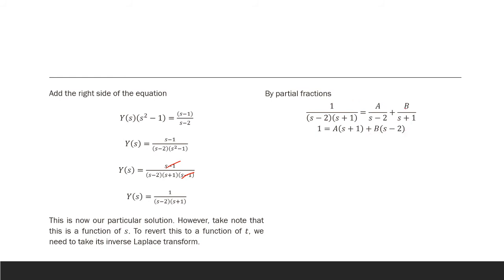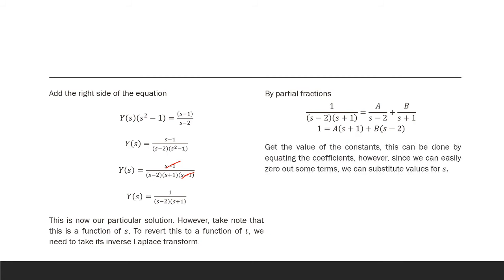So, to find the value of a and b, ang magandang gawin is we just zero out some of the terms para isang variable na lang yung matira. So, let's try at s is equal to negative 1 para mawala tong part na to. So, kung s is equal to negative 1, mawawala to kasi magiging times 0 yung a.